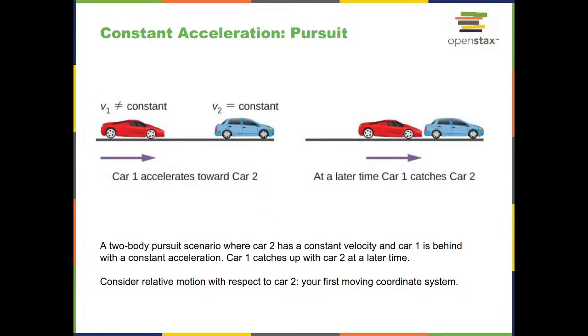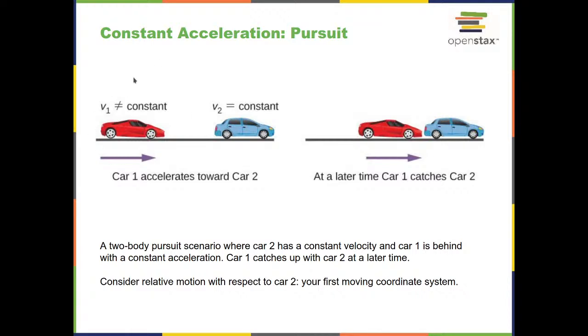Another example, which I'll leave for you to think about on your own, is one car accelerating and trying to overtake another car. So this is the car in pursuit problem. We have one car that starts behind a second car. The first car is accelerating, so v1 is not constant. The second car is traveling at a constant velocity, so the acceleration is going to be 0 for this car.